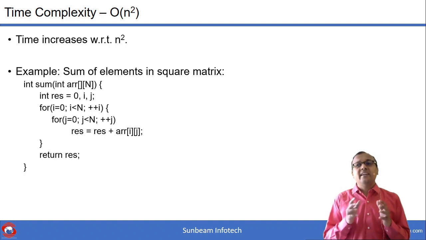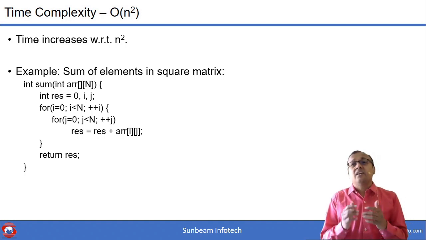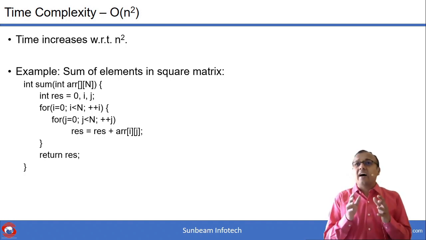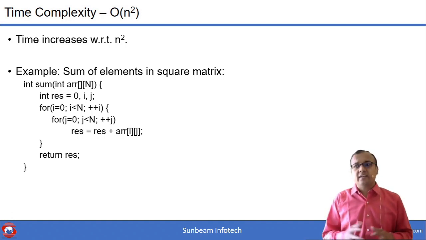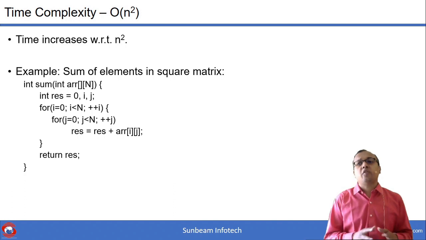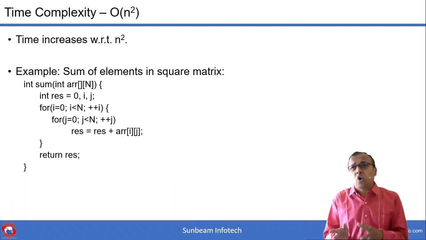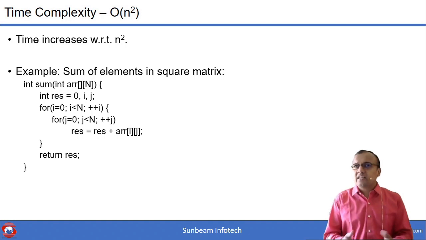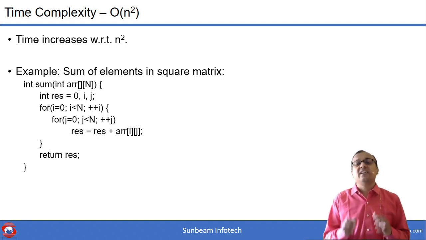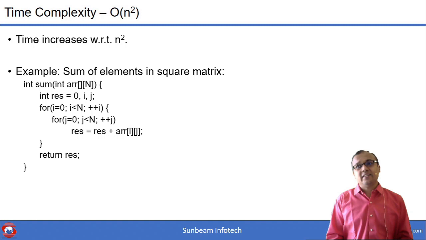Please note that it is not necessary that the number of iterations of a loop is always exactly n square. Many of the times, the number of iterations of the loop is some quadratic function of n, and applying the theory of approximation results in the time complexity of O(n square).